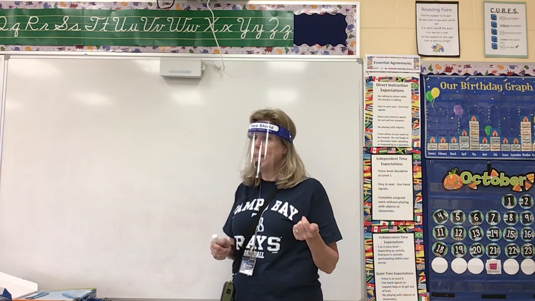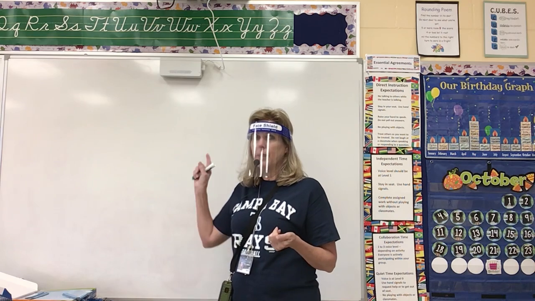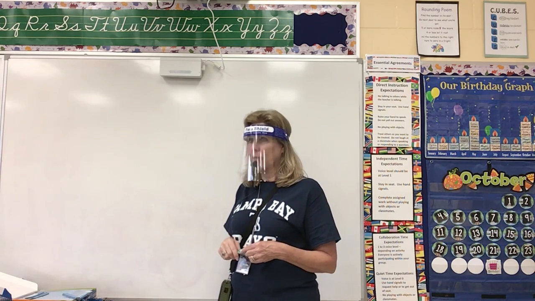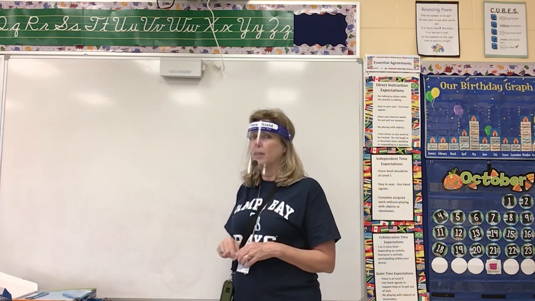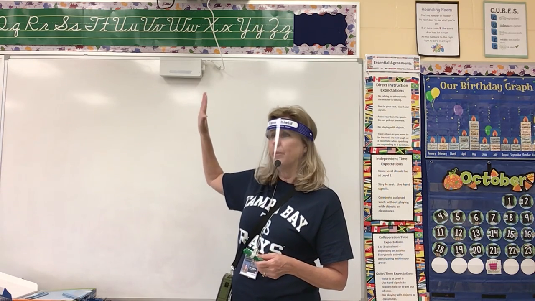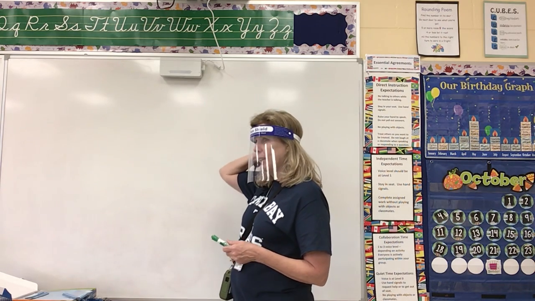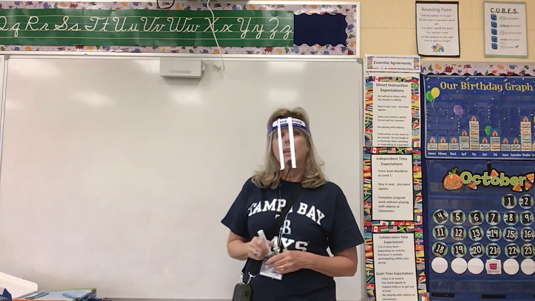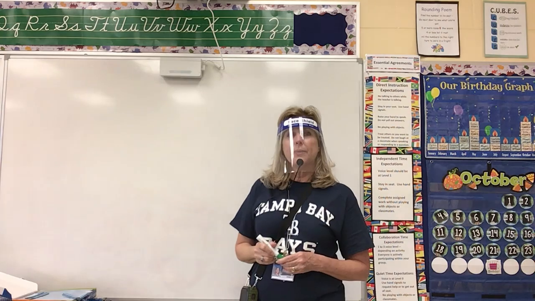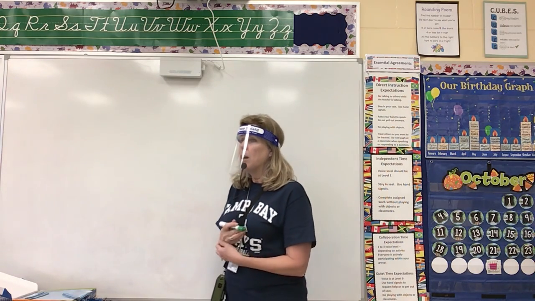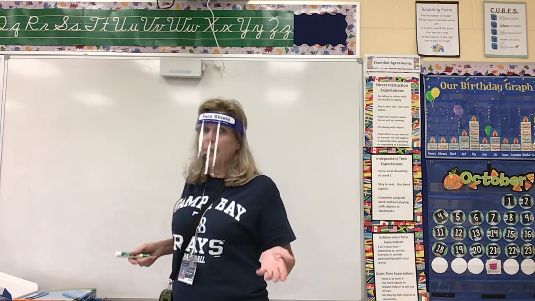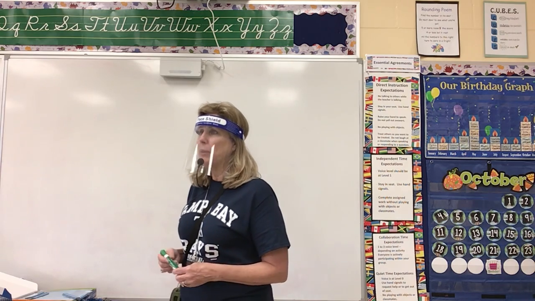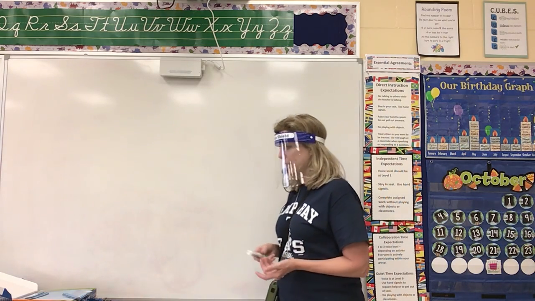Who can count by tens? Let me hear you. 10, 20, 30, 40, 50, 60, 70, 80, 90, 100. Good. Thank you, Thomas. So that was very easy to count that way. That's why we group them in tens.